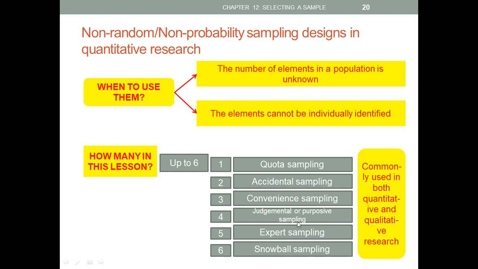You can employ one of these non-probability sampling designs. If your research aims to collect qualitative data, for example, through observation or interview, you have the option of using one of these non-probability sampling designs also.